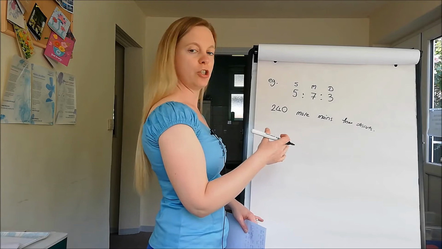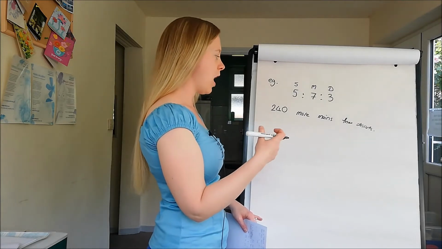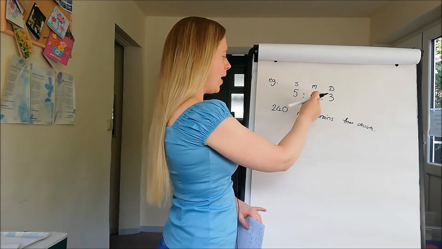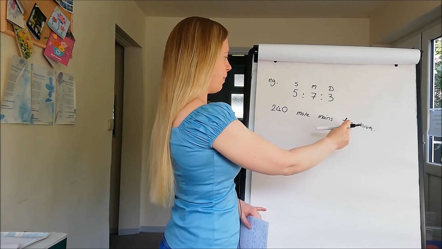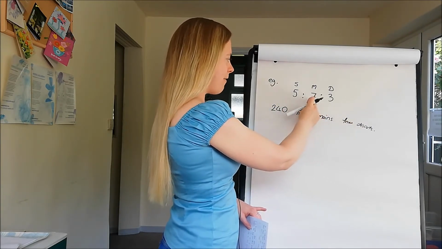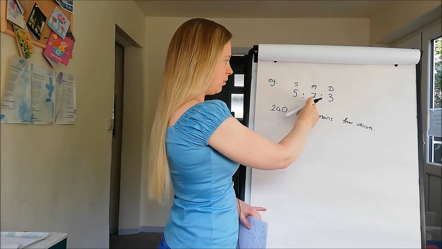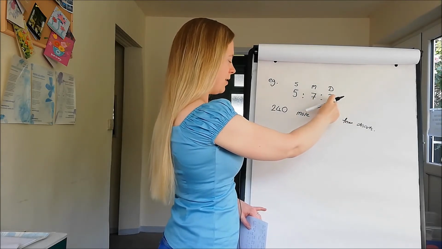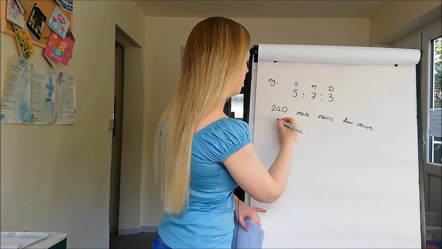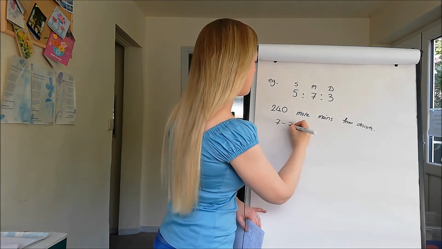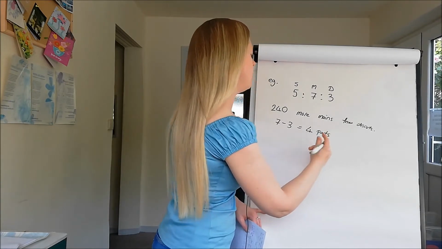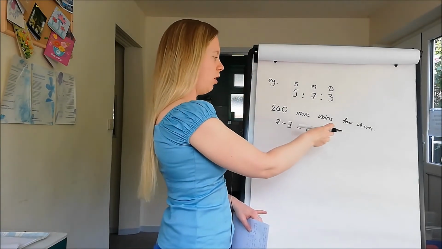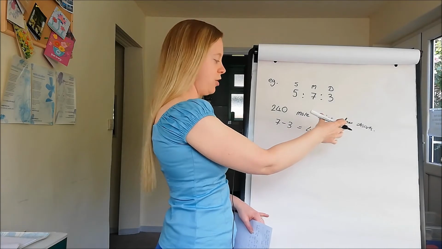So ratio questions are all to do with how many parts you have. We're being told that 240 more mains than desserts are being sold. 7 parts main are being sold and 3 parts dessert are being sold. 7 take away 3 is 4. So that means that 4 parts more mains are sold than desserts.